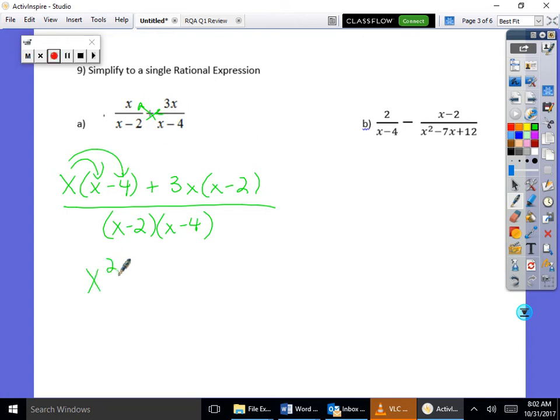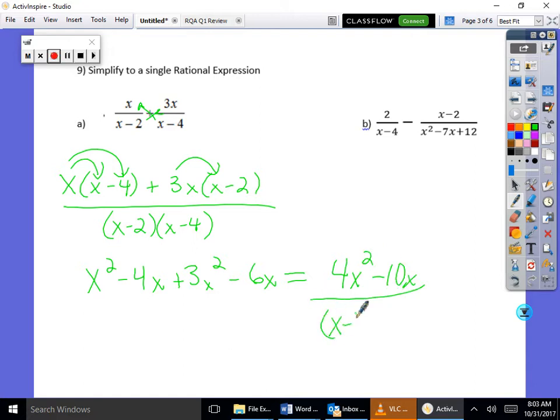X squared minus 4x plus 3x squared minus 6x, which becomes what? When I simplify this, what does it become? 4x squared minus 10x all over x minus 2, x minus 4.